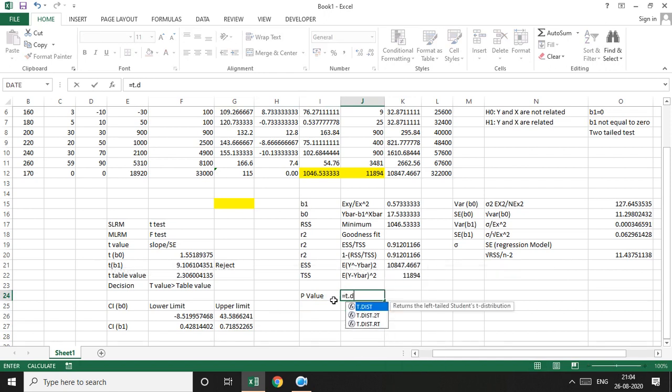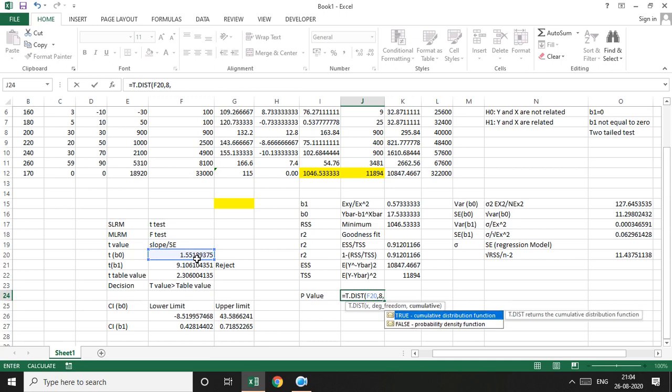T distribution, okay, t distribution. Yes, your t values. For the first one, beta 0, T.DIST with t value, comma, degrees of freedom n minus 2, which is 8.